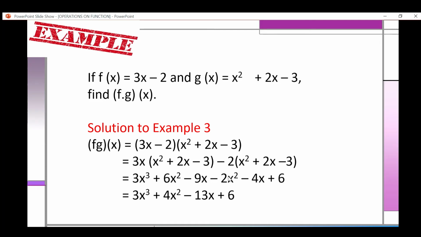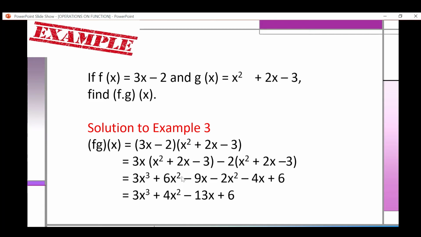So, simplifying yung polynomial natin, pagsasamahin natin yung mga magkakaparehas ng degree. So, si x cubed, isa lang, so copy lang natin. Tapos, si x squared, dalawa sila. So, pagsamahin natin, 6x squared minus 2x squared, so 4x squared.